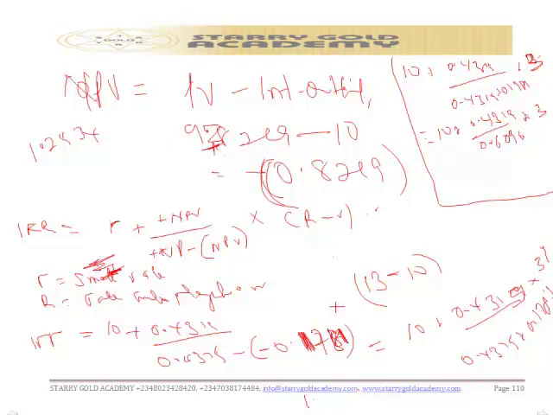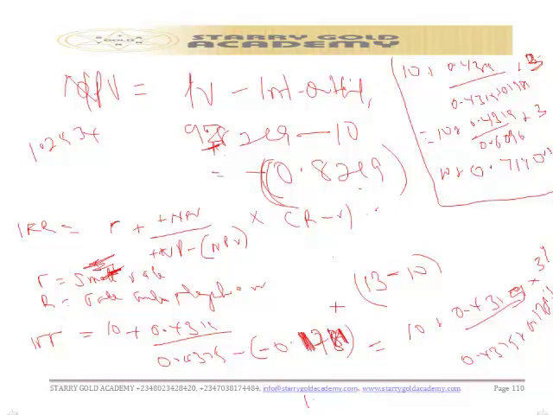Now 0.4315 divided by 0.6096 is approximately 0.7079.